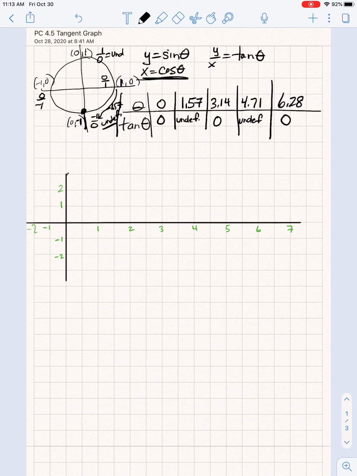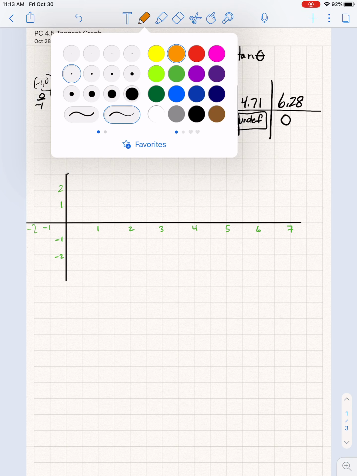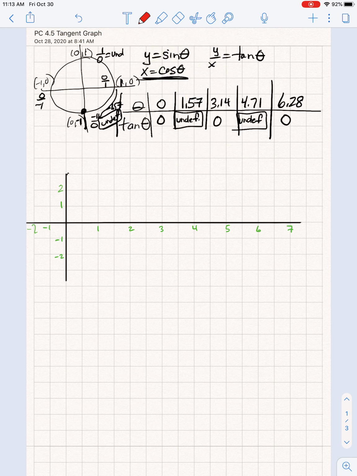Wherever we have undefined in our chart, we will have a vertical asymptote, better known as the zeros of the cosine. I'm going to use red for the asymptotes.